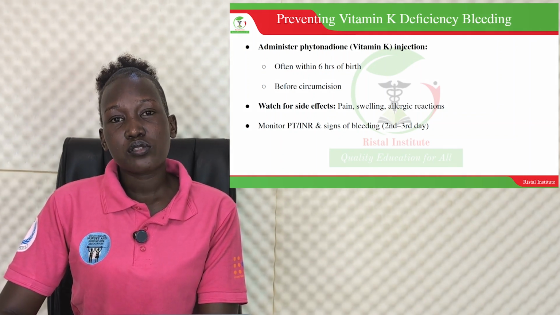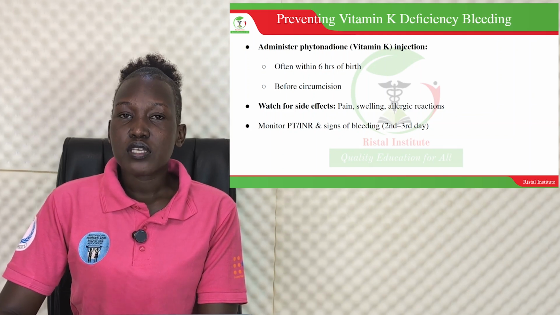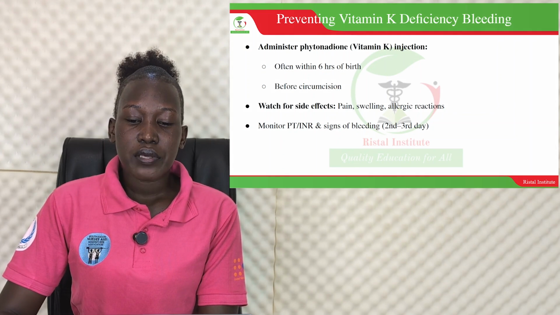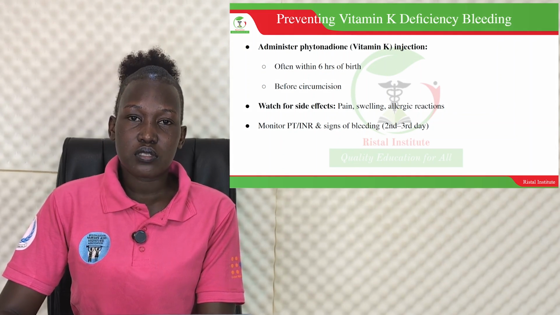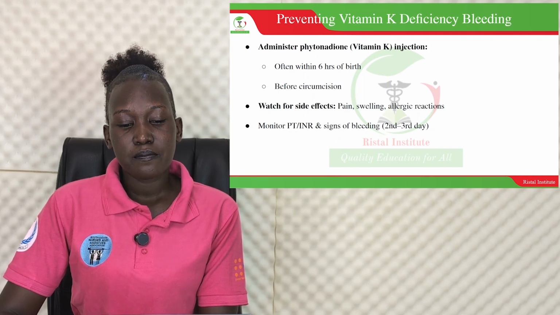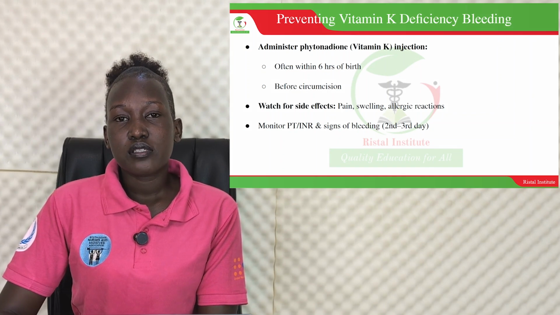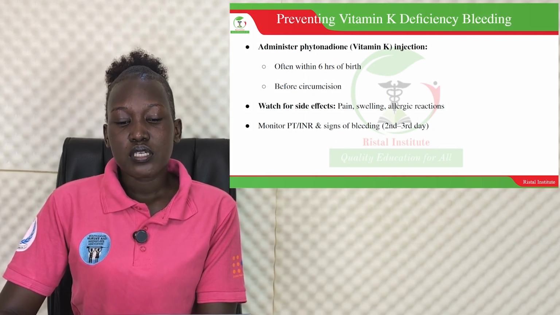Then before circumcision, you make sure that you give vitamin K. Watch out for side effects like swelling, pain, and allergic reactions, because some of them might be allergic to vitamin K even at birth. So you monitor signs of bleeding, especially from the cord stump, for 2 to 3 days.